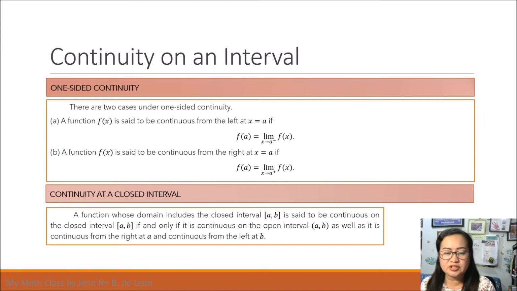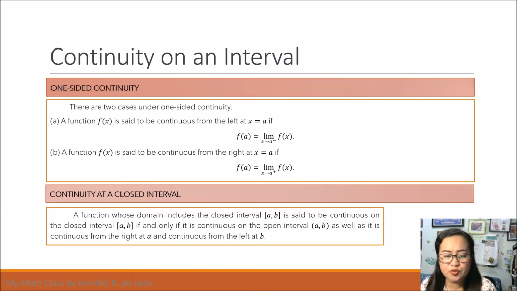Whereas the second is a function is said to be continuous from the right at x equals a if f of a is equal to the limit of f of x as x approaches a from the right.